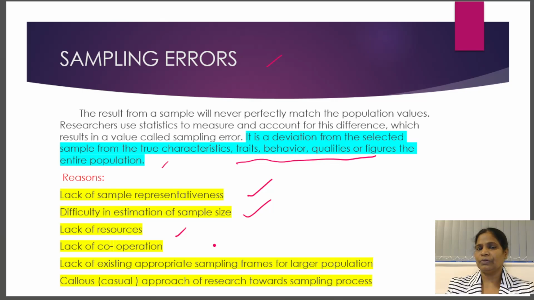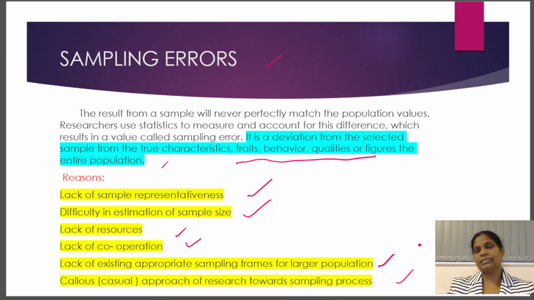So there is lack of resources, lack of cooperation from the participants, and lack of existing appropriate sampling frames for a larger population. Maybe the subject got involved on the first day, second day, then the subject rejected or missed being involved in the study. Sometimes there is a callous approach, a casual approach of the researcher towards the sampling process.